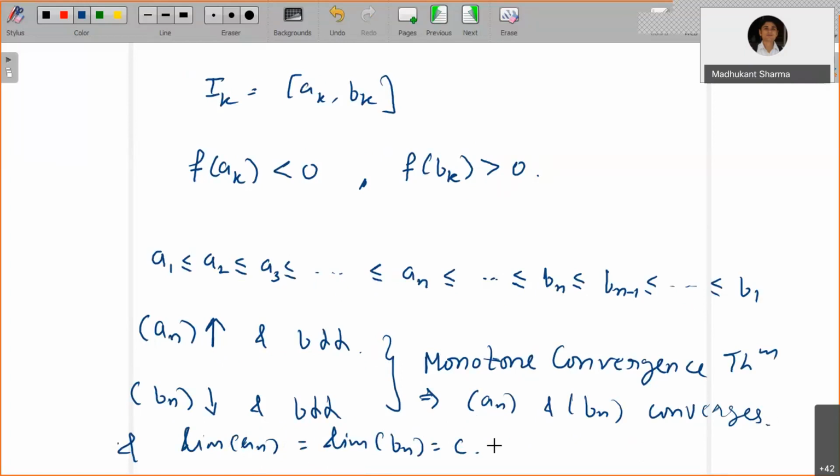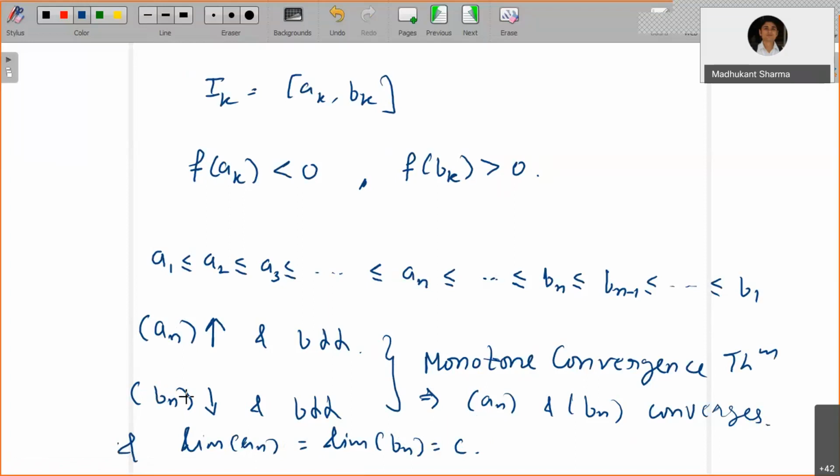Okay. Now we are going to use the fact that the function is continuous. The function is continuous and you have the sequence an, which is converging to c. Then f of an will converge to f of c, by the sequential criterion for continuity. Similarly, the bn sequence converges to c, and because the function is continuous, f of bn will converge to f of c.